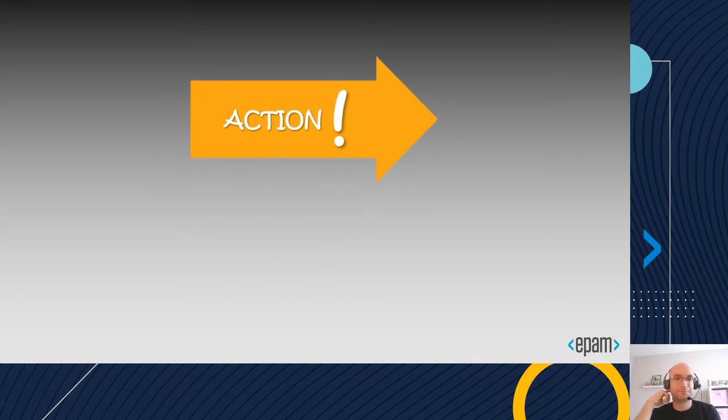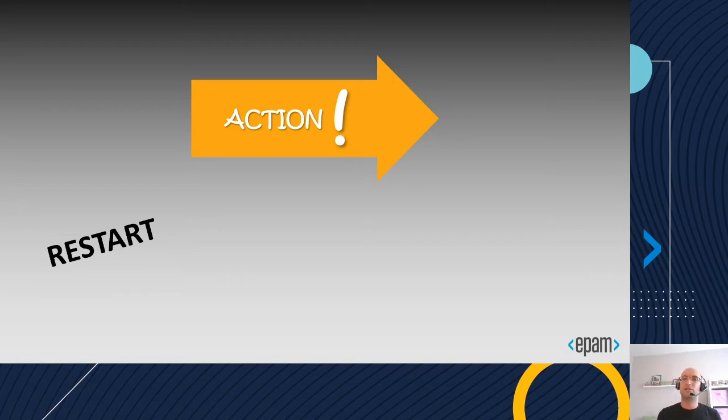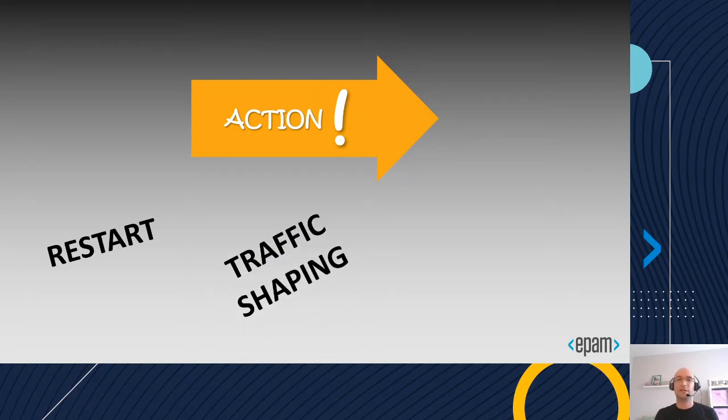If we talk about the various kinds of actions, you can take an action like doing a restart, for instance. You can apply some kind of traffic shaping on the cluster itself.